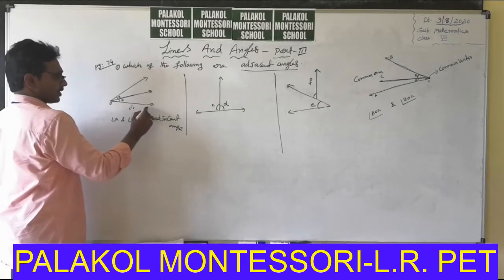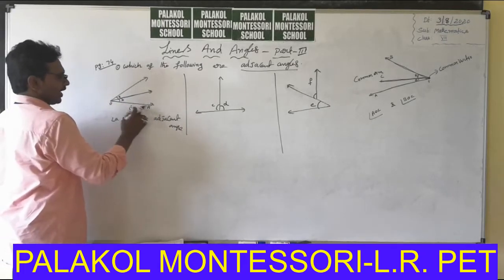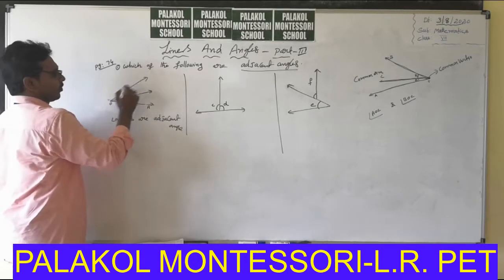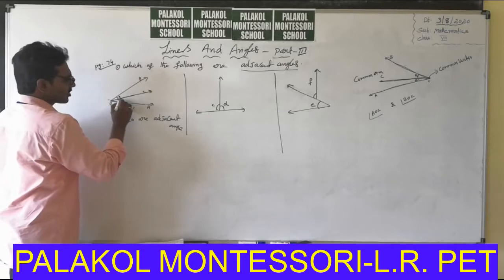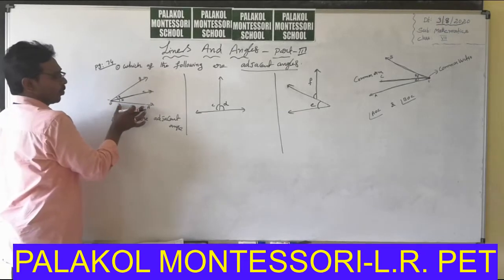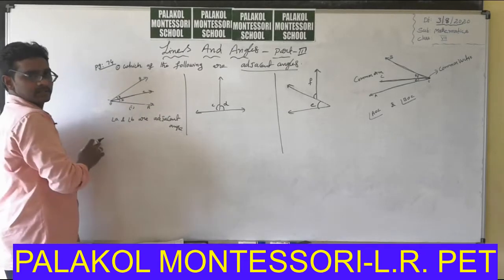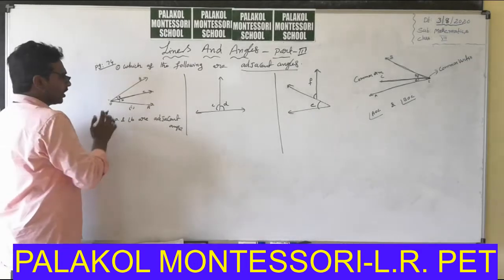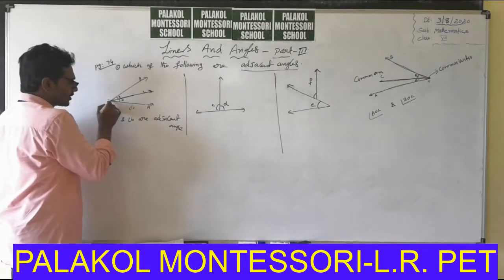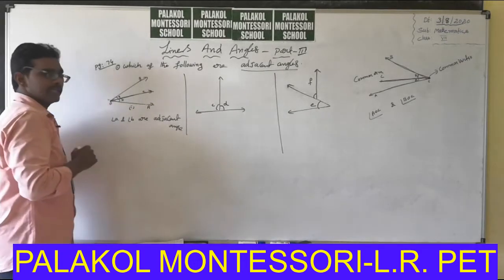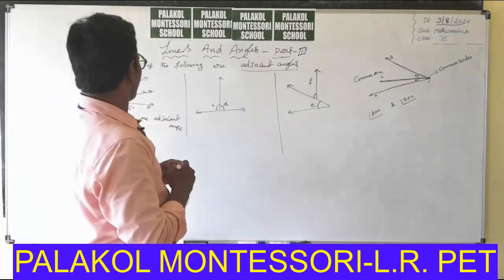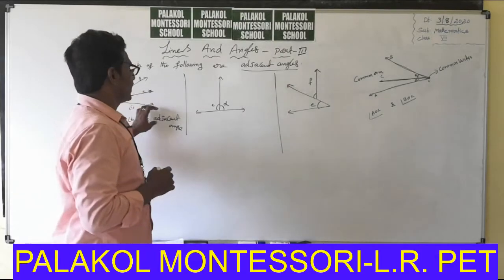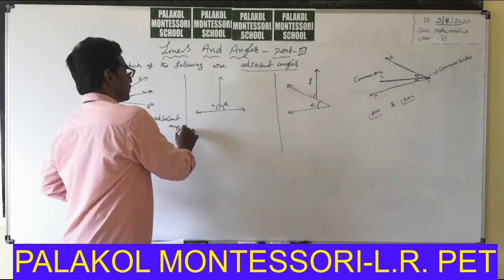Suppose we name the rays OA, OB, OC. OC is the common arm of OA and OB rays, and all the rays intersect at one point, which is called the common vertex. So this type of angles are called adjacent angles.